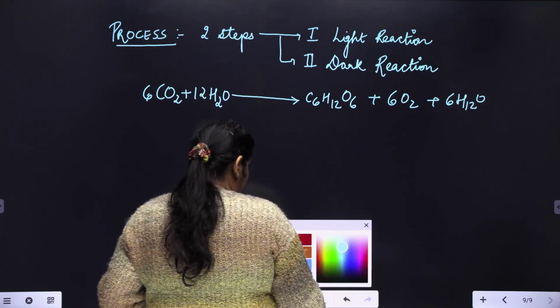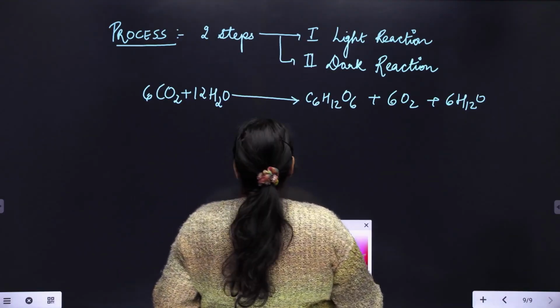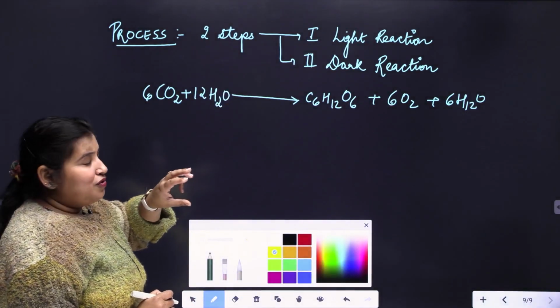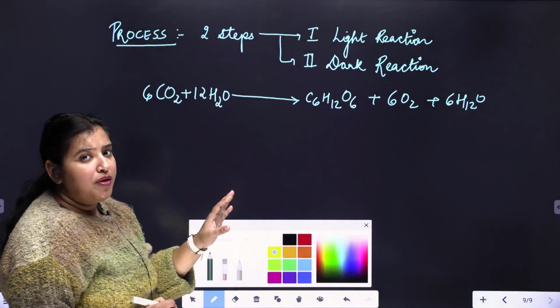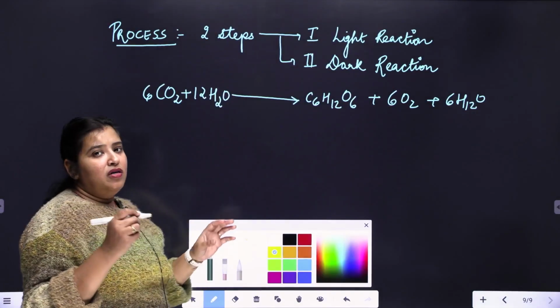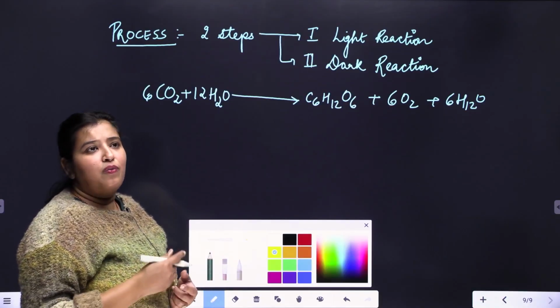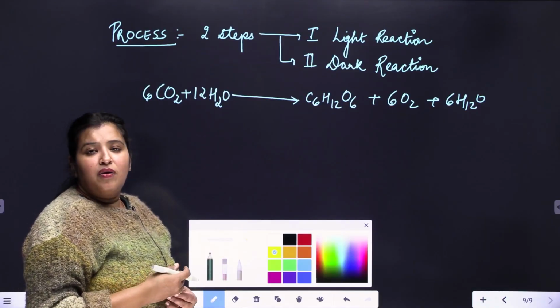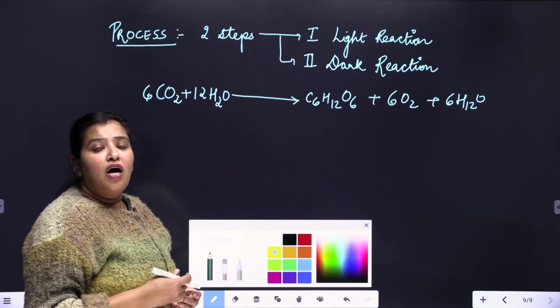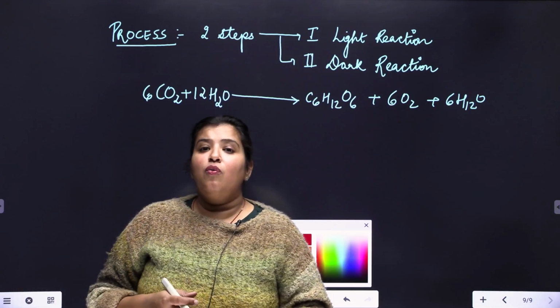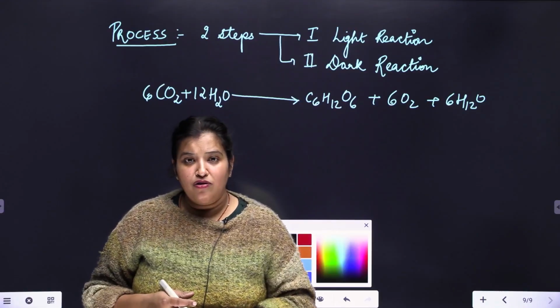Now children, the very important point enters. What is light reaction? What is dark reaction? First of all, you need to keep in mind, if you remember when we were studying the requirements, I told you while studying the requirement water, that breakdown or splitting up of water molecule takes place in the presence of light, which is known as photolysis of water.